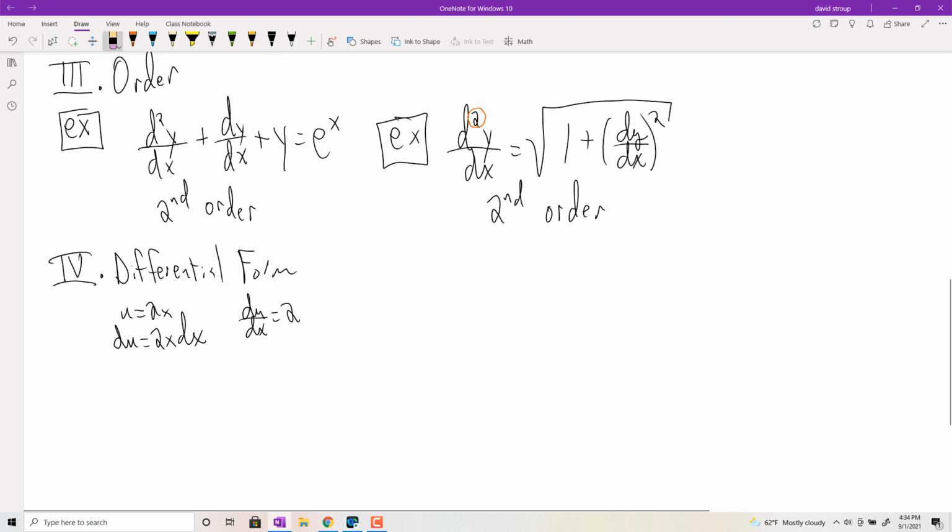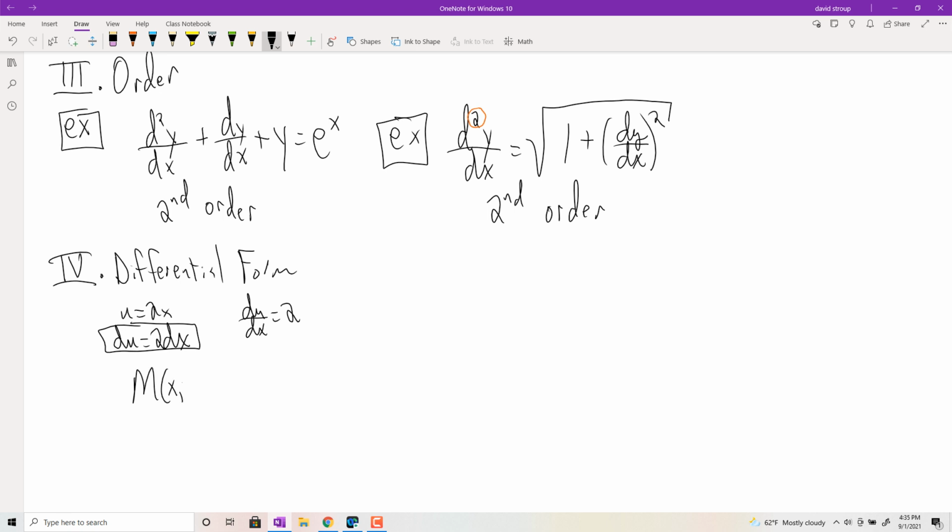Whoops, that's the derivative of 2x is 2, sorry. Right. So this is that differential form, and we'll see this form in first order differential equations as well. You may have already seen these in Calc 3 if you took that, but the generic example, M of x, y dx plus some other function of x and y, dy equals 0.